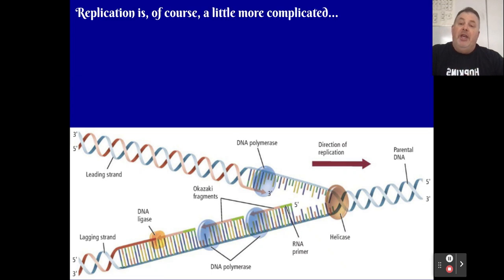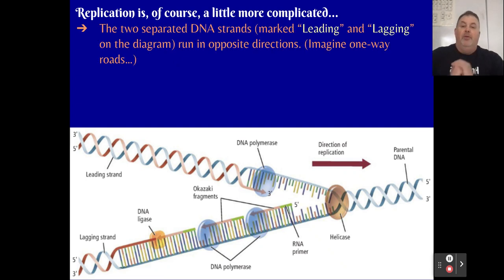All right, one of the things that I wanted to bring out that's a little bit different is that replication, of course, is a little more complicated than what we just saw in those earlier photographs. So there are two separate strands of DNA, and we've mentioned earlier that one is referred to as the leading, and one is referred to as the lagging strand.